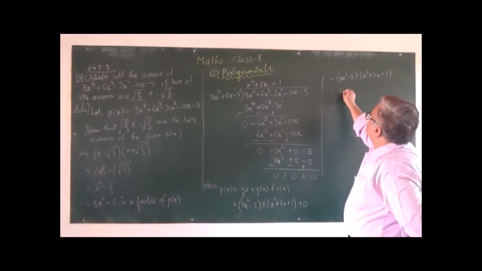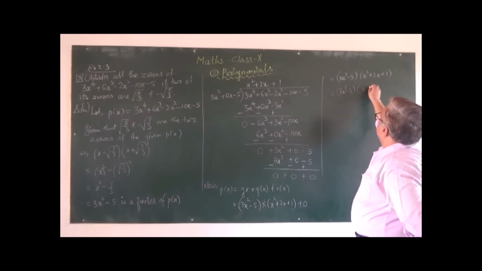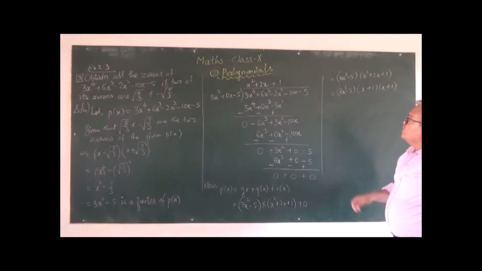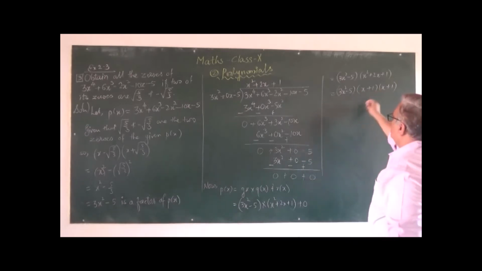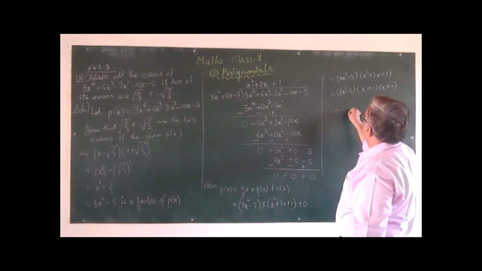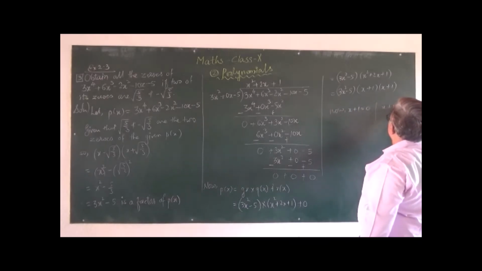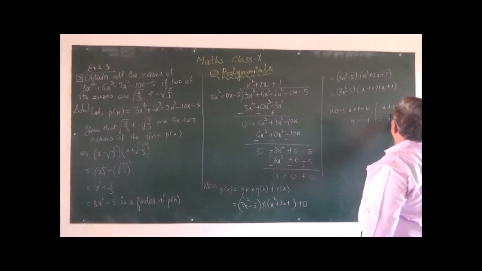So 3x square minus 5 into x plus 1 into x plus 1. Now this factor is already given. Now the other factors: x plus 1 is equal to 0, and again x plus 1 is 0. So therefore x is equal to minus 1, x is equal to minus 1.